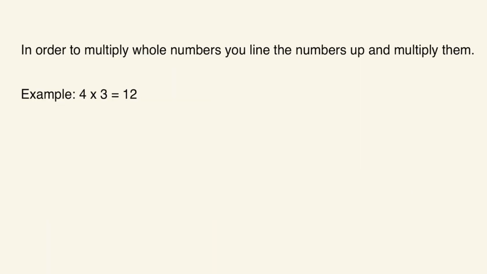Recap of how to multiply whole numbers. In order to know how to multiply decimals, knowing how to multiply whole numbers is very necessary. So in order to multiply whole numbers, you just line up the numbers and multiply them. I know some people don't anymore, but in order to understand how to multiply decimals, I feel like lining up whole numbers can be very helpful, because that's basically kind of how you multiply decimals.